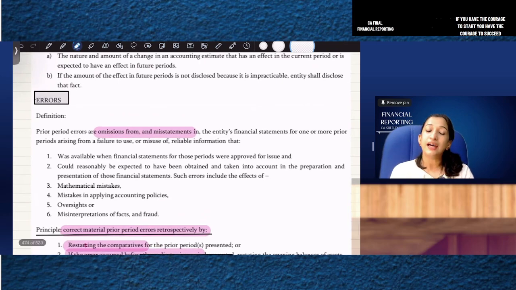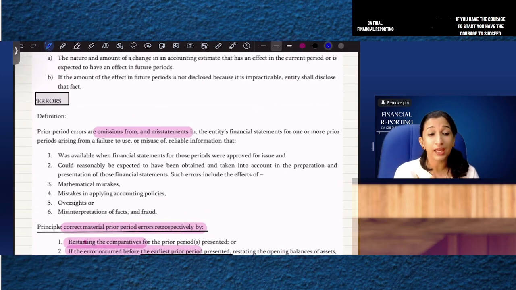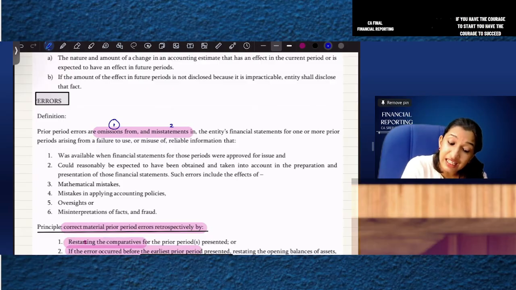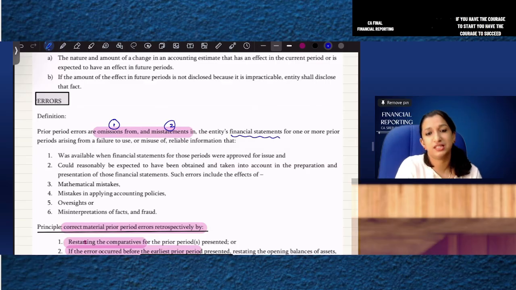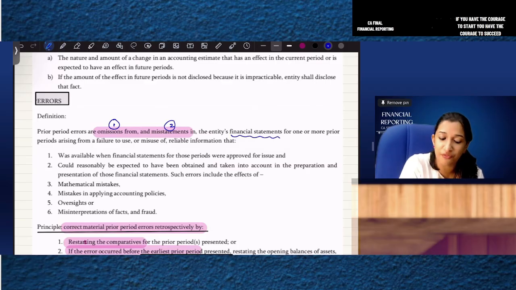So what are errors? Prior period errors are omissions from and misstatements in the entity's financial statements for one or more prior periods arising from failure to use, or misuse of, reliable information.